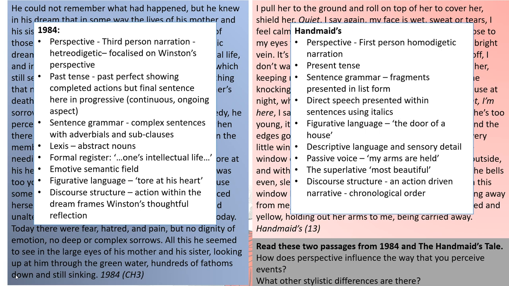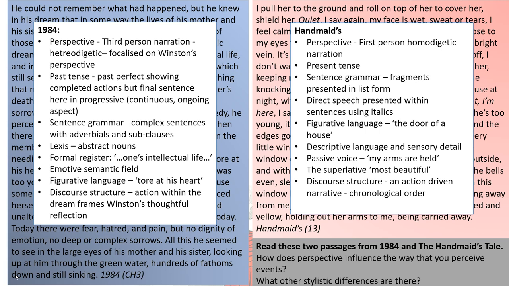And there's a kind of framing, especially in the slightly shorter extract that I presented here in the blue text box, in the imagery of his mother and his sister used to frame his reflections, and finally Orwell returns to the image of his mother and sister drifting away at the end as a way of completing that frame and connecting, I suppose, the way that he thinks to his memory.